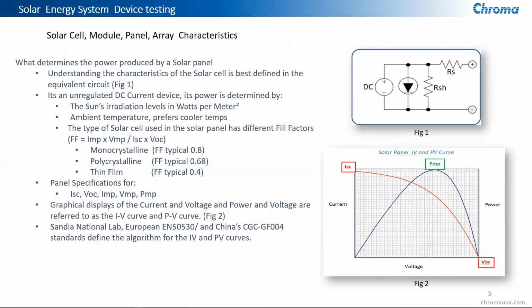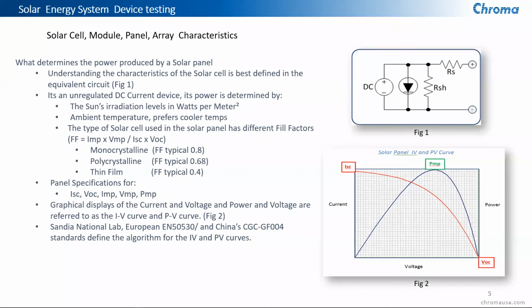And there's some various types of different solar cells, and each one of those will actually have a different efficiency or fill factor. And there's some very specific parameters related to these. Short circuit current, open circuit voltage, current at maximum power, voltage at maximum power, and maximum power itself.